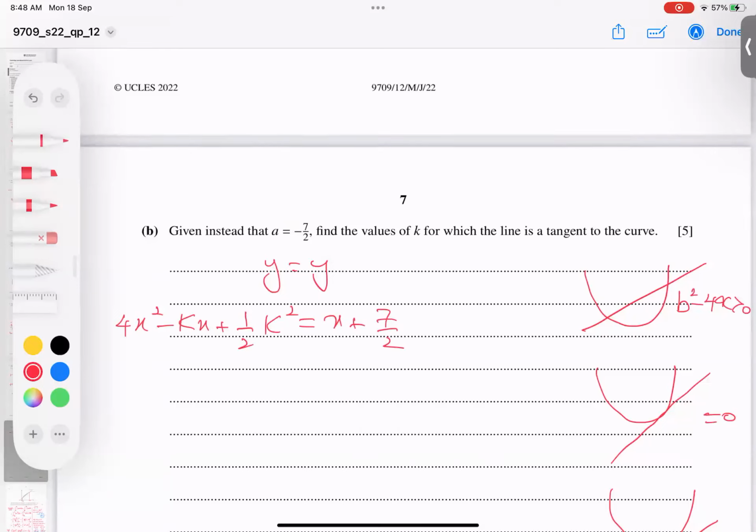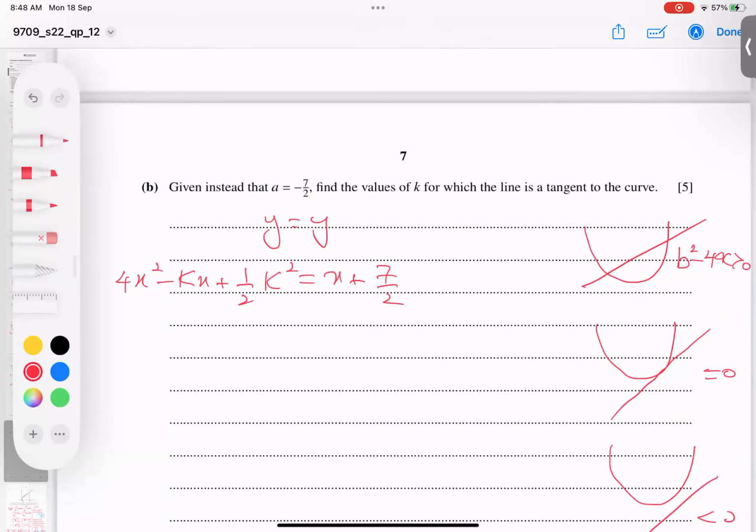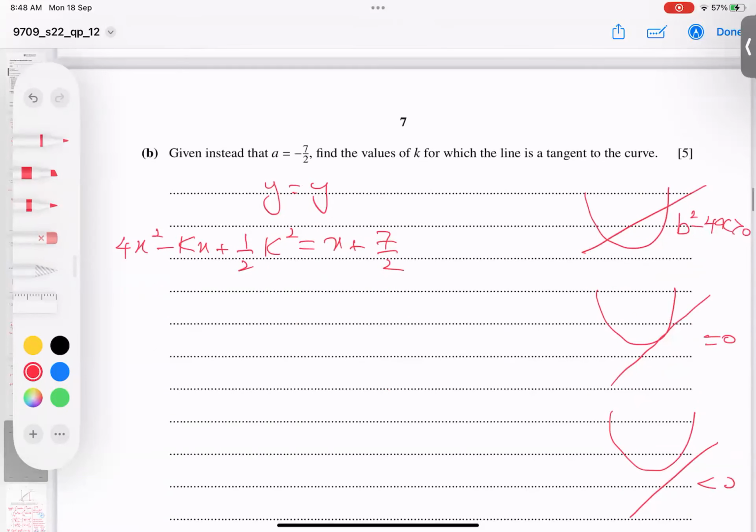Now I have to continue, and I have to make an equation in x. For example, this 2 and this 2 are disturbing us. Throughout multiply by 2. So 2 4s are 8 x square, 2 into k, 2kx. And 2 multiplied here cancels out, I get only k square. 2 multiplied here, I get 2. 2 multiplied here cancels, I get 7.